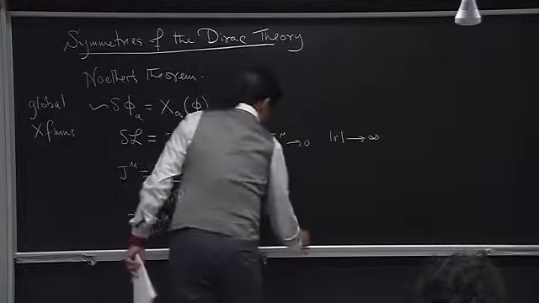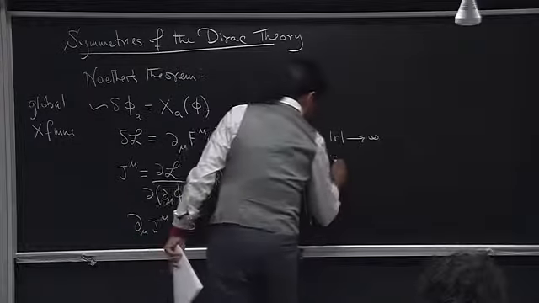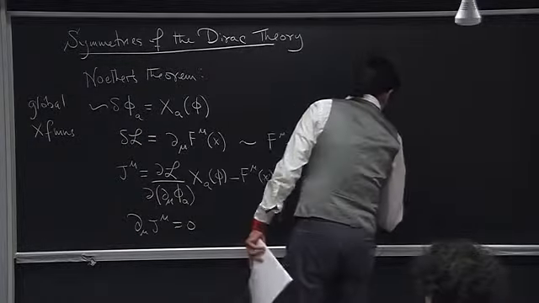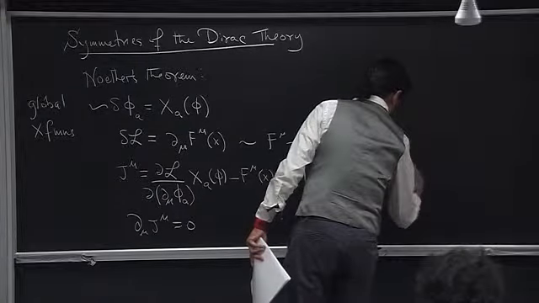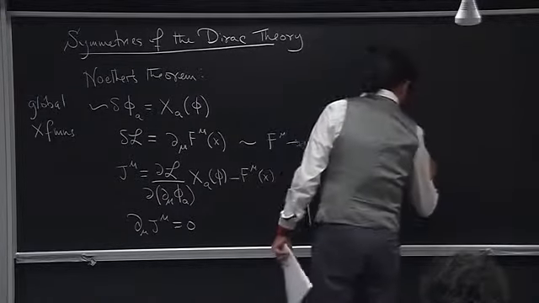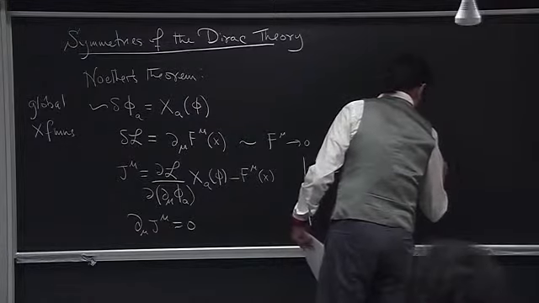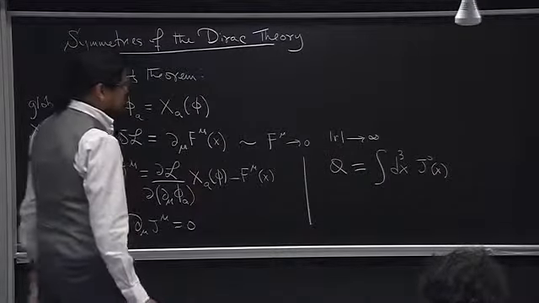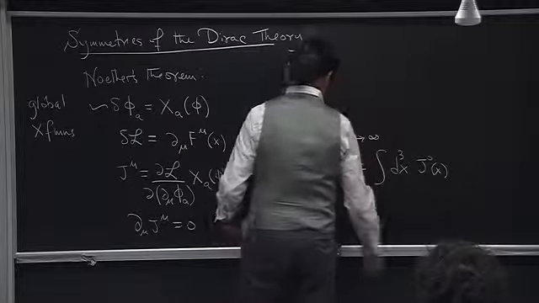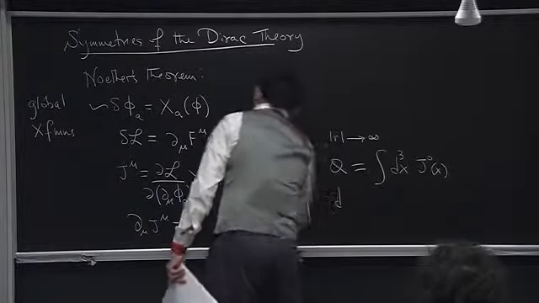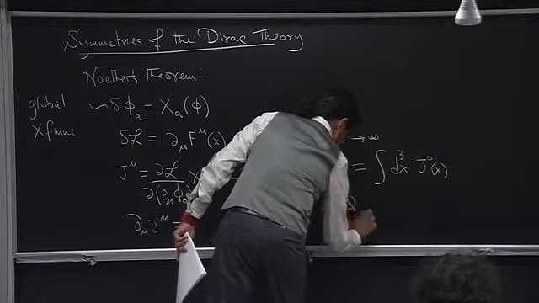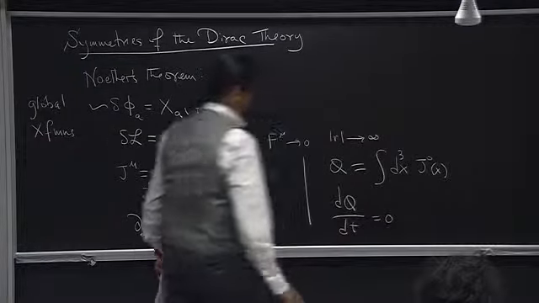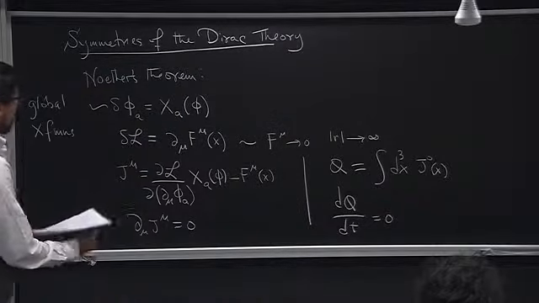Then there is a charge Q that you can define as the spatial integral over the 0th component of your conserved current. In some sense, J^0 is your charge density. And this equation implies that Q is a constant of motion.